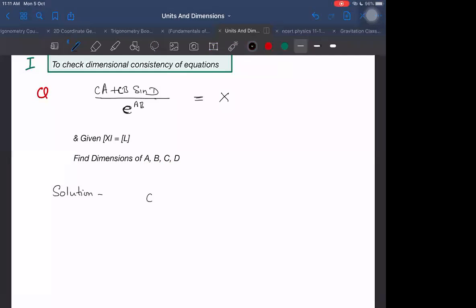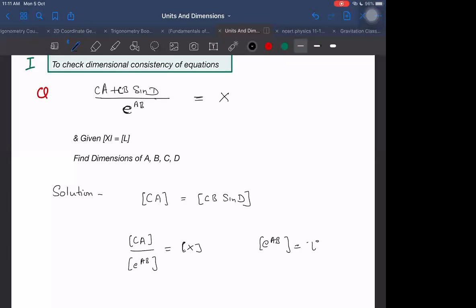Number one, CA is being added to CB, so it has the same dimension as that of CB sine D. And this, CA divided by e raised to power AB, has the same dimension as that of X. But e raised to power AB is dimensionless.